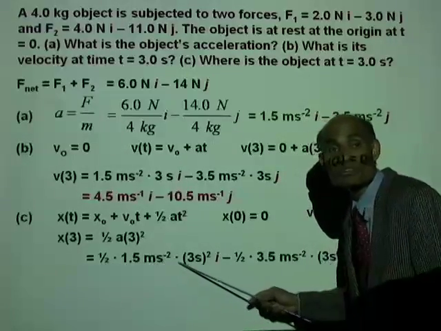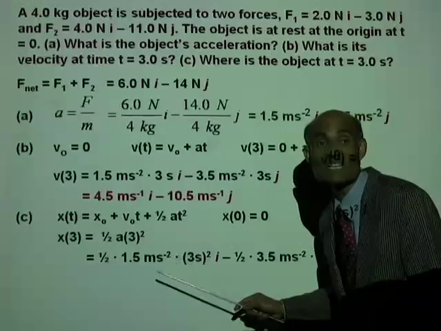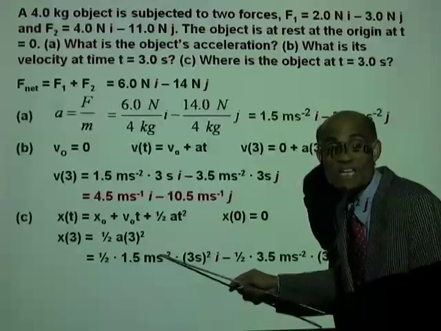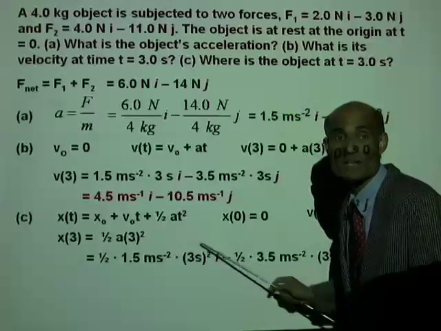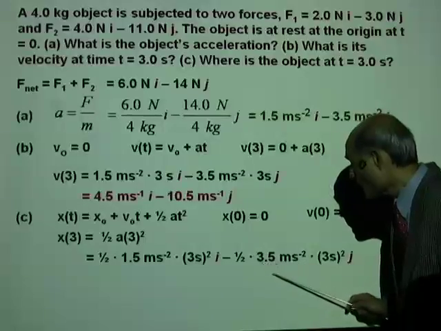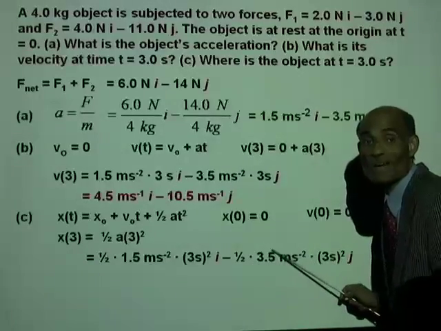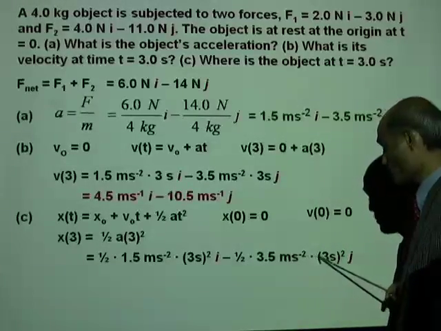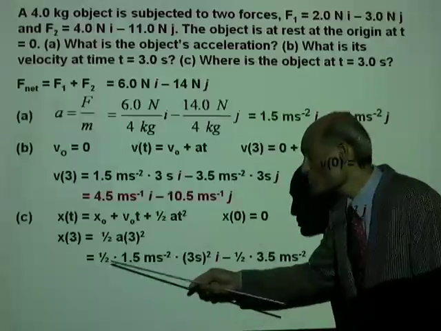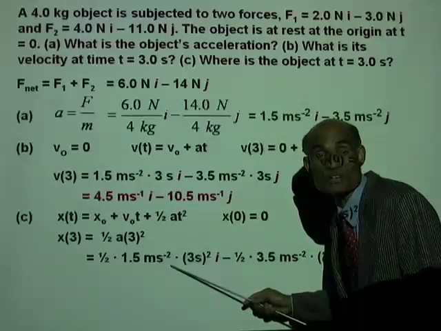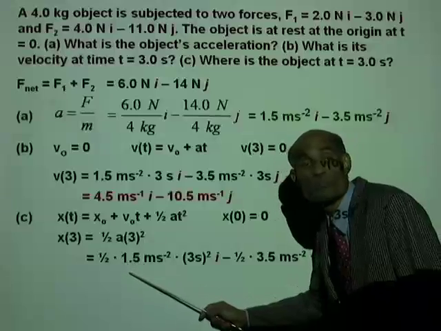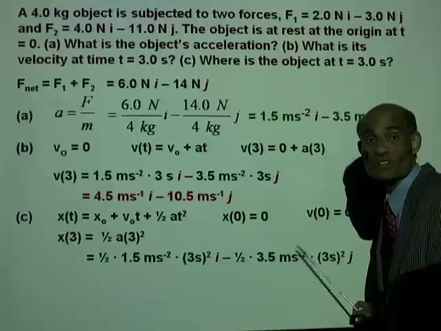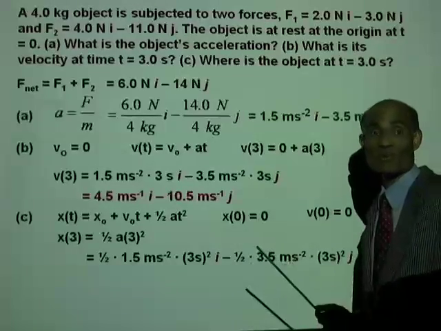This is the x position of the object at t equal to 3. 1/2 a t squared, where this a is the x component of the acceleration, minus 1/2 a t squared, that is the y component. So this is the x component of the position, because this is the x component of the acceleration. This is the y component of the position, because this is the y acceleration.